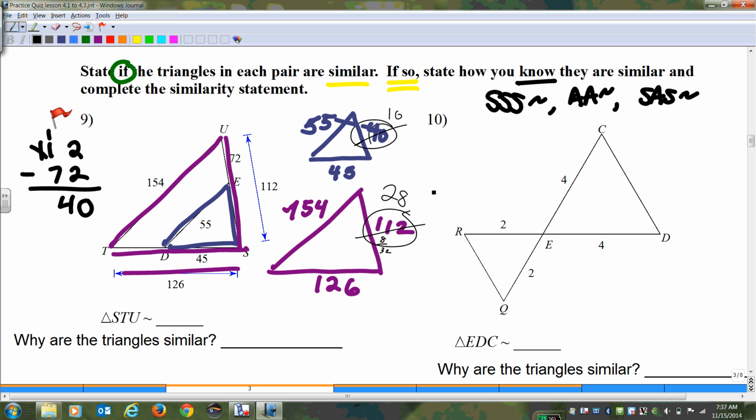So we can go farther because 2 can obviously go into both of these. So 2 goes into 10 5 times. And 2 goes into 28 7 times.